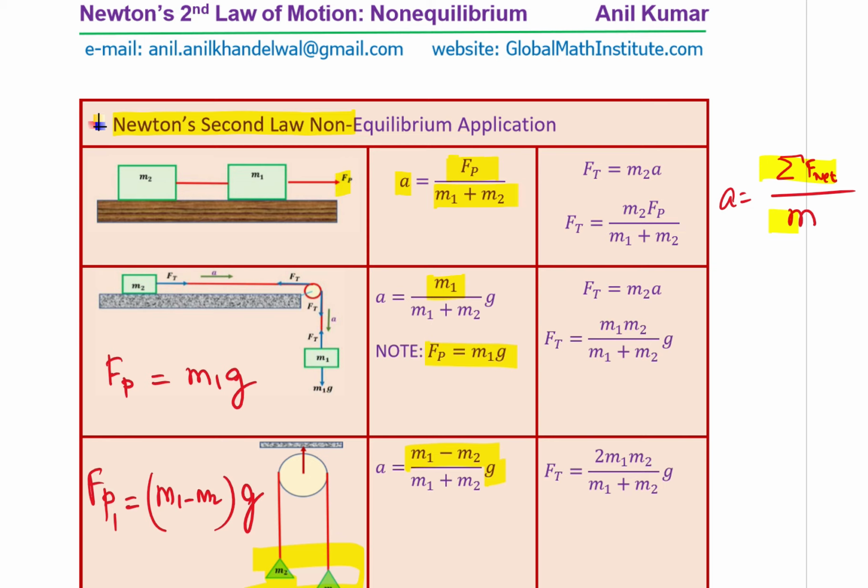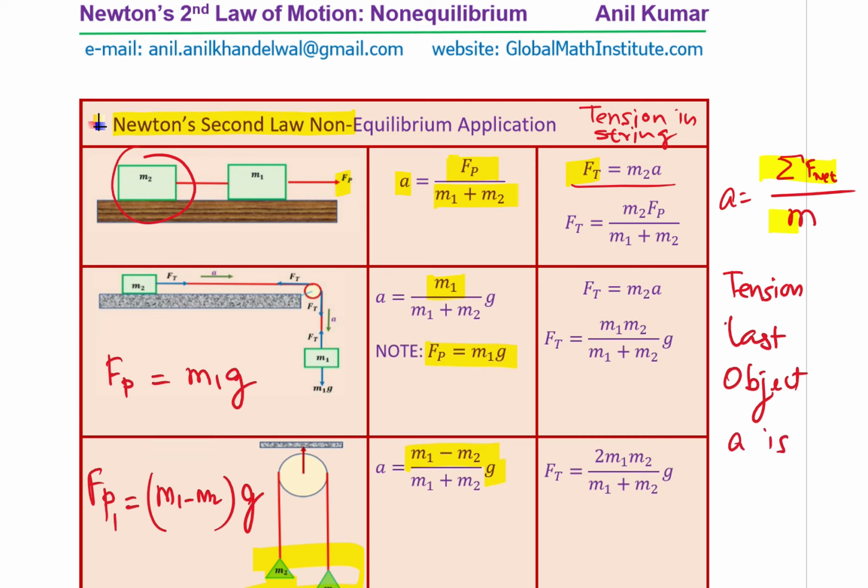Perfect. Now, let's talk about the tension. As far as the tension in the string is concerned, for the tension, we have to look into the last object. Which is this in this case, and we know m2a. Acceleration is constant, right?